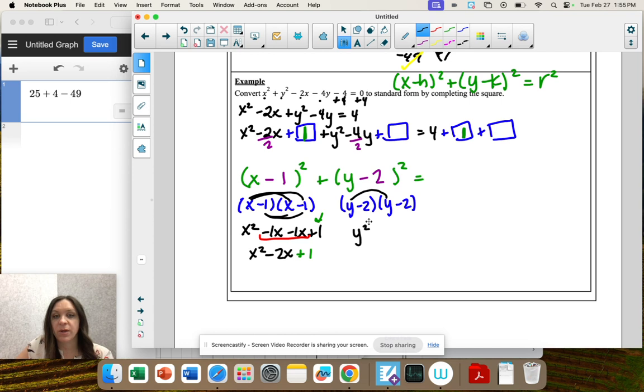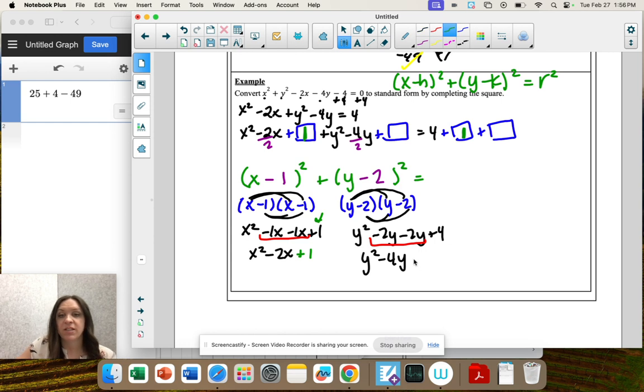So y squared minus 2y minus 2y. -2 times -2 is +4. The middle two combine, and we have y squared minus 4y. So look, that's what we started with. But because we put it in the squared form, this +4 gets added. It's just part of the process. So we have to include that up here on the left and the right.